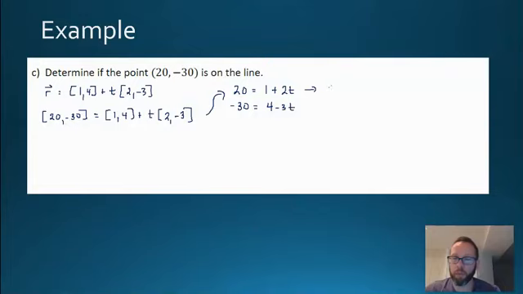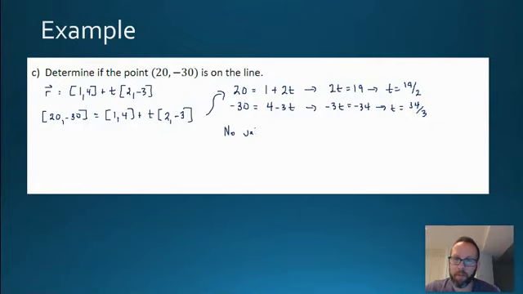So for the first one, I would get 2t equals 19, or t equals 19 over 2. Okay, that's fine. So t equals 19 over 2 gives me 20 for the x coordinate. For this one, we get minus 3t. Negative 30 minus 4 is negative 34. t equals, that would be 34 over 3. And you can check for yourself, but those two are not the same t values.